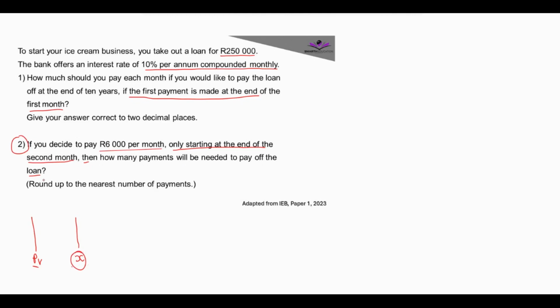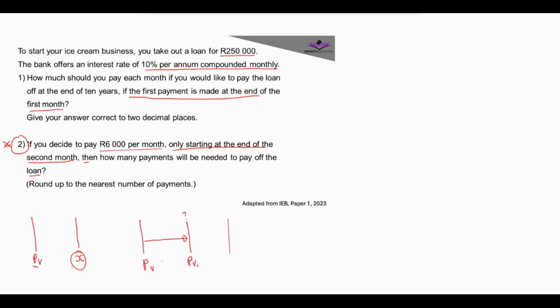So now, in this situation, 6b2, you take a loan now, and then in the first month, there's no payment. You pay at the end of the second month. So it means your loan amount must gain interest for 1 month so that you can get your new loan amount.